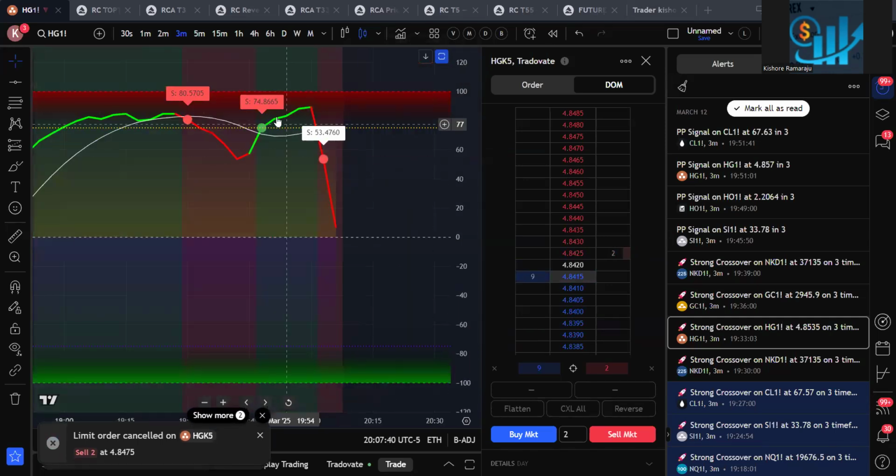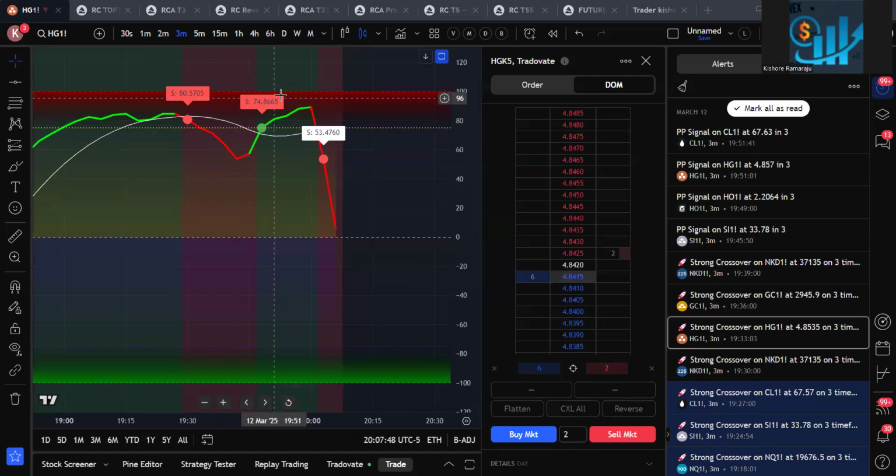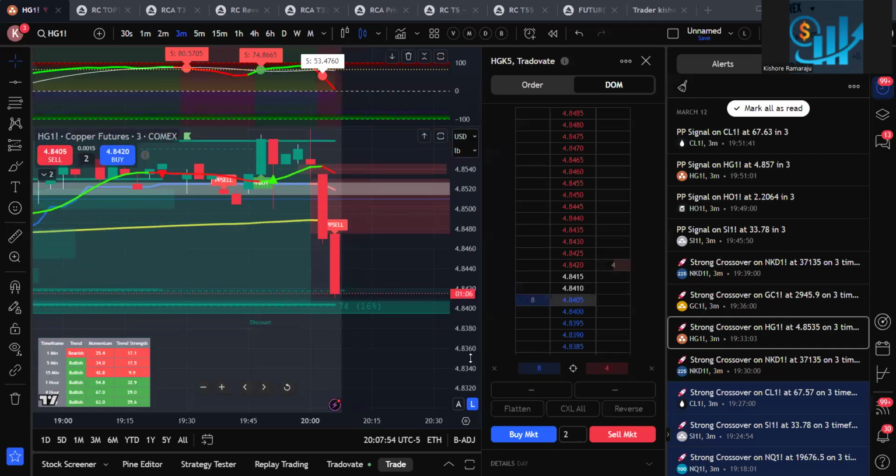If you see this, it became overbought. That means sellers tried to bring it down, buyers took it up, and finally sellers took control, bringing it all the way down. At the same time, we can see there are a lot of new sellers, and it went all the way to the top of the consolidation window, which will act as a resistance.